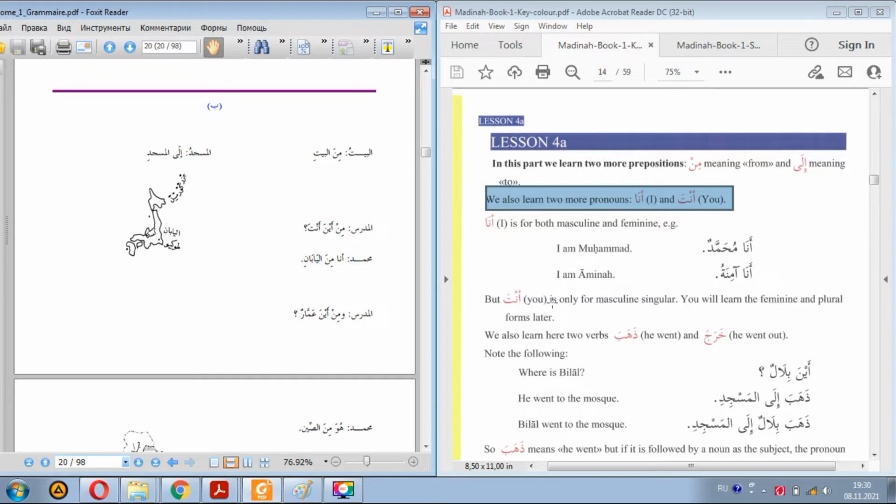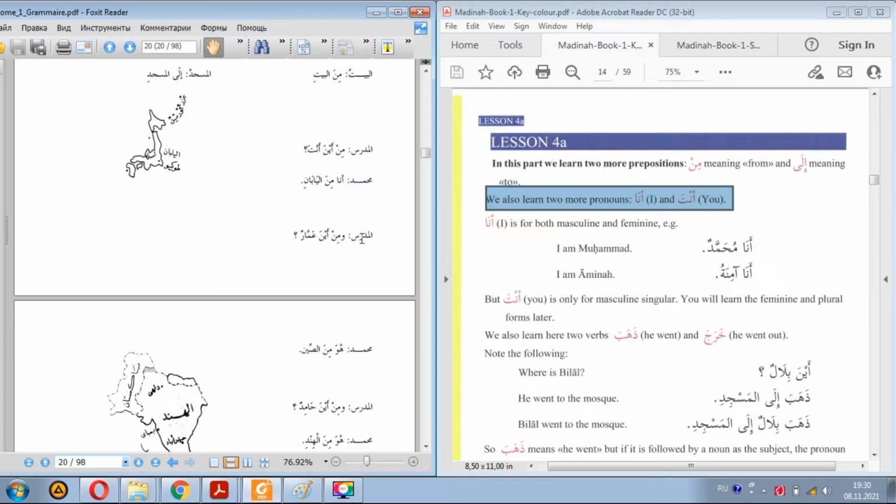But anta is only for masculine singular, and the feminine and plural forms you'll learn inshallah later. So this anta, min ayna anta, we use when we are referring to a man, like Muhammad. Min ayna anta, where are you from? أنا من اليابان.